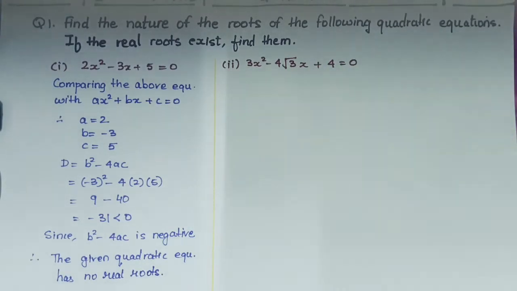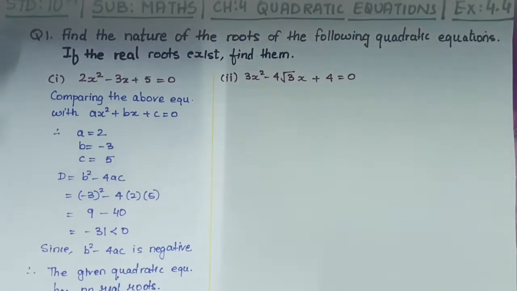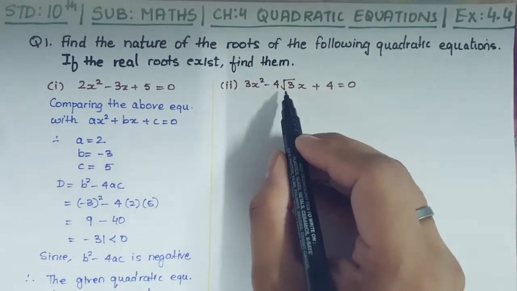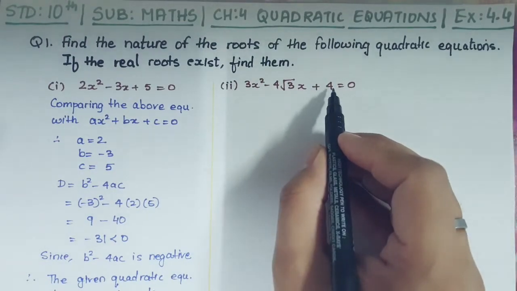I hope you have understood this sum. Let us solve the next question, that is 3x square minus 4 under root 3x plus 4 equals to 0.